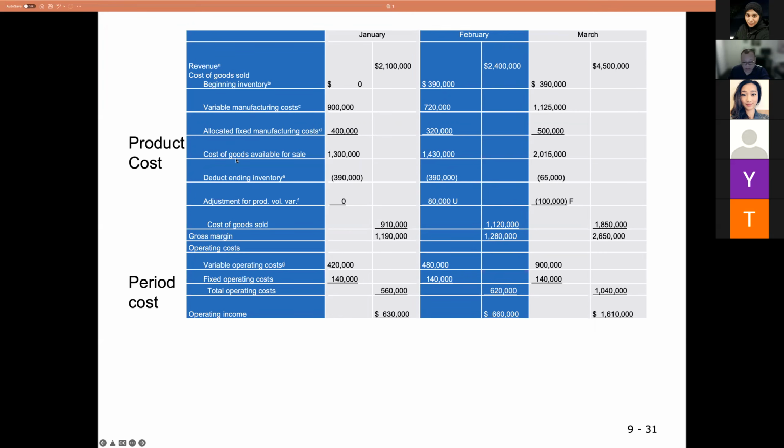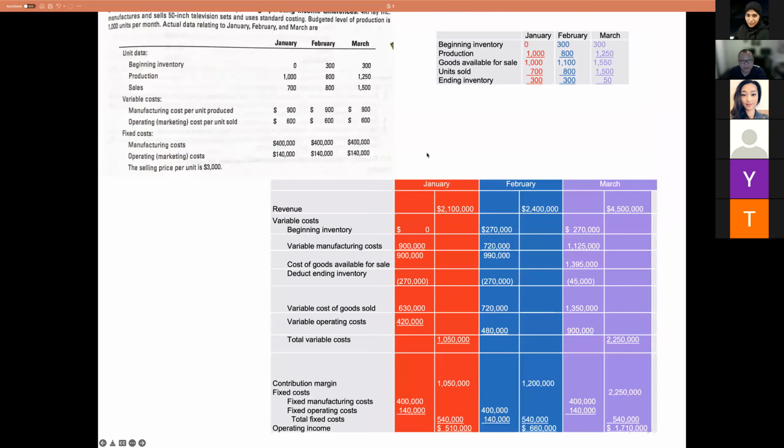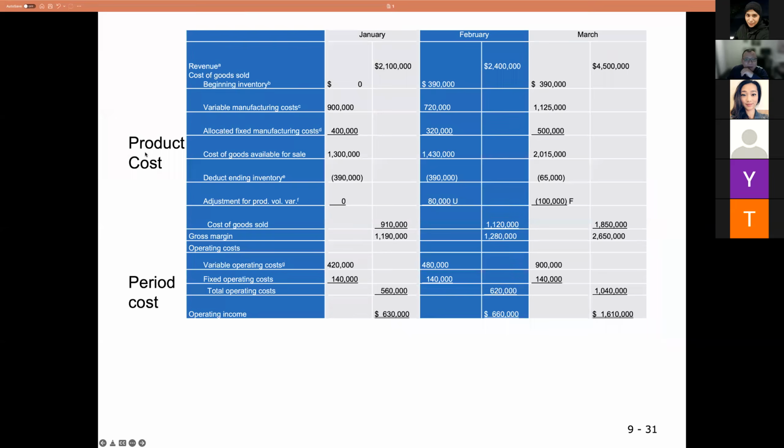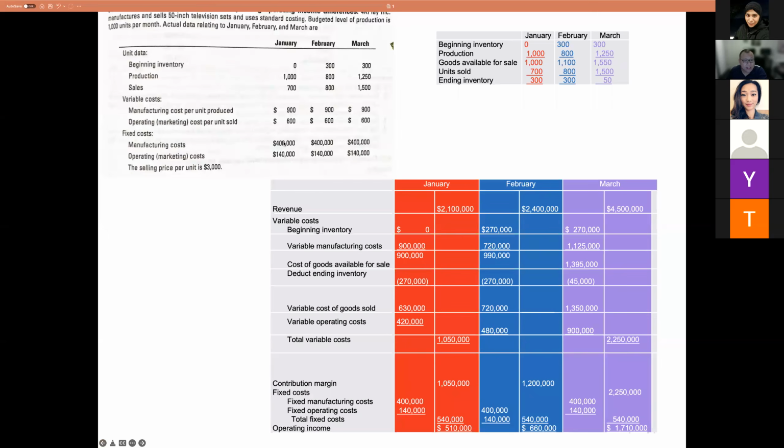So here we want to know the allocation of the fixed manufacturing overhead. So first tell me, what is the amount of the fixed manufacturing cost? 400,000, right?